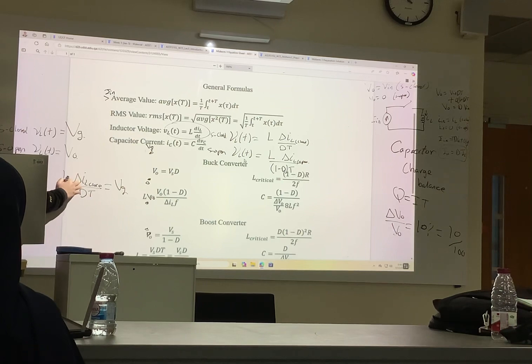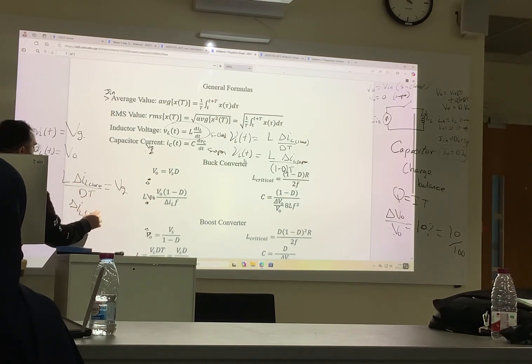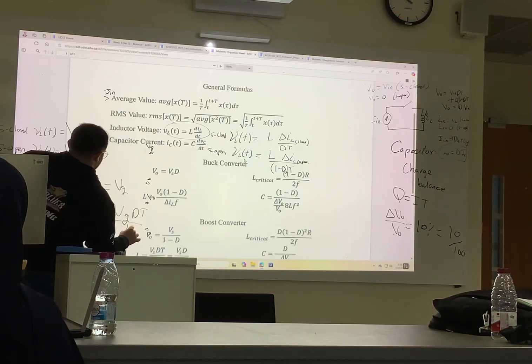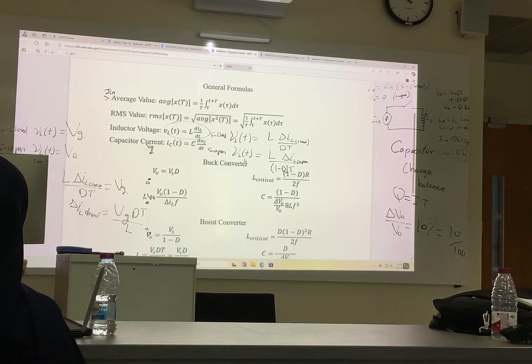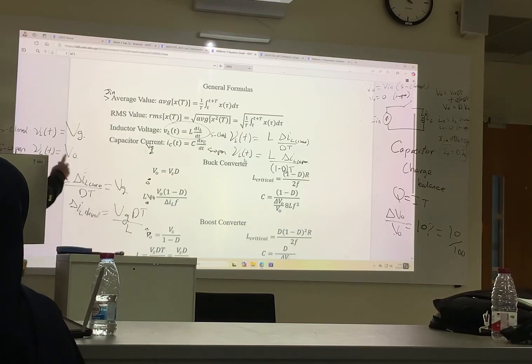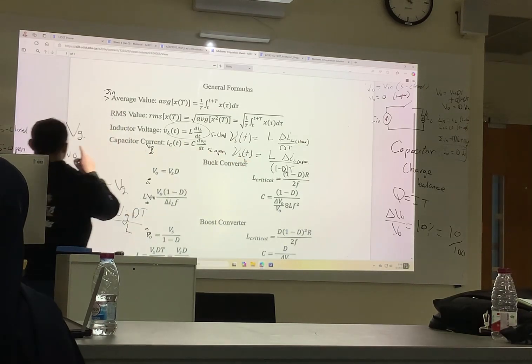Okay, make delta IL closed the subject, so delta IL closed equals Vg dt over L. Okay? Yes. Now, switch open, repeat the same thing, and all of this equals V out.